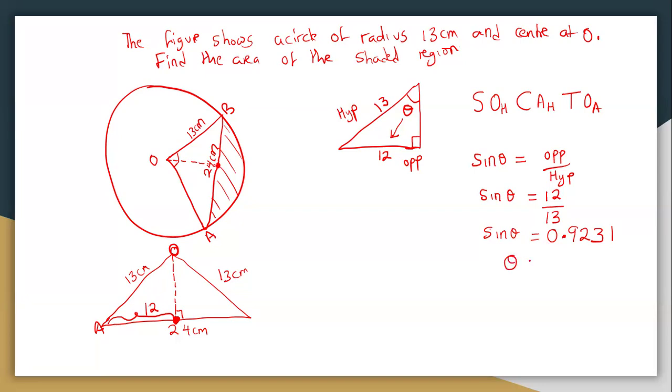So when we reach here, we shall get sine inverse of 0.9231. And which answer do you get? I misplaced the calculator. It is 67.38.